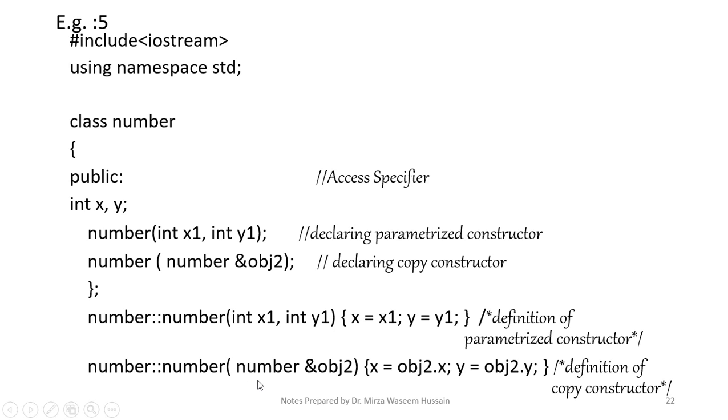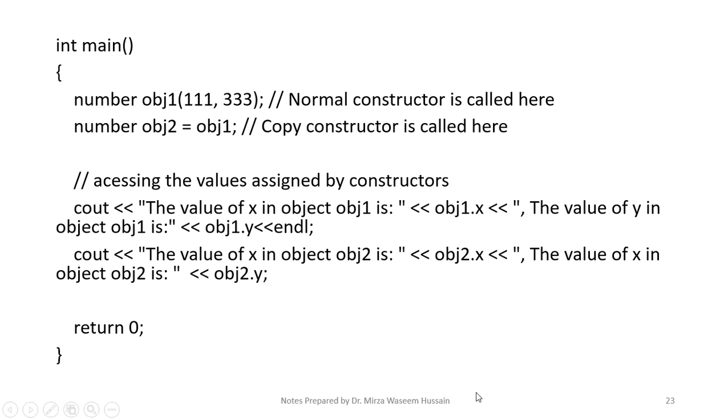Here we see the class name, address obj2, that's the address of object obj2. x is equal to obj2.x, using the dot operator, and y equal to obj2.y.